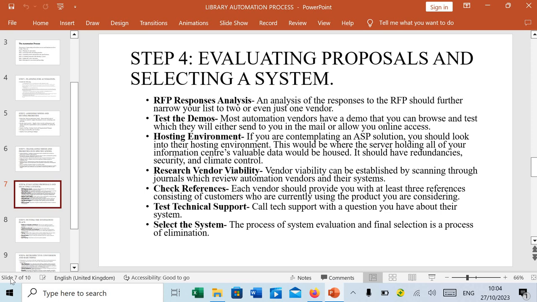Then you host the environment so that you can be able to offer a solution. Then research vendor viability to check whether it is up to the standards. And then you check the references, then you test the technical support, and then select the system.